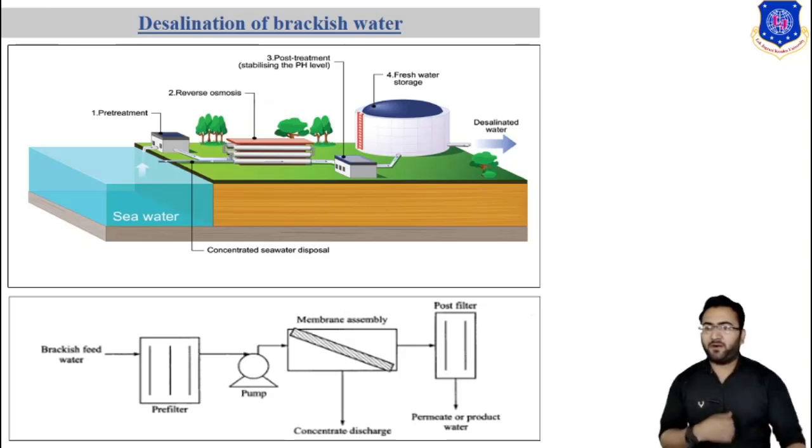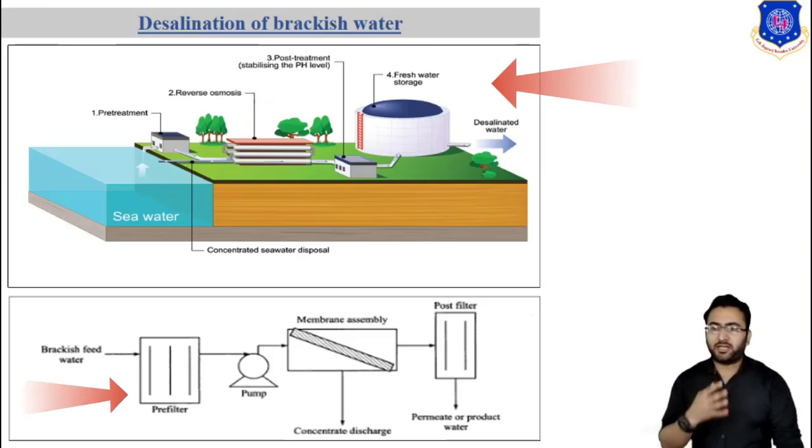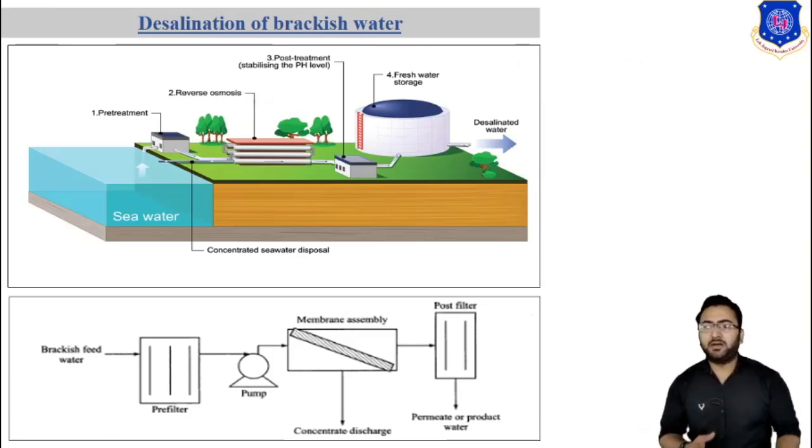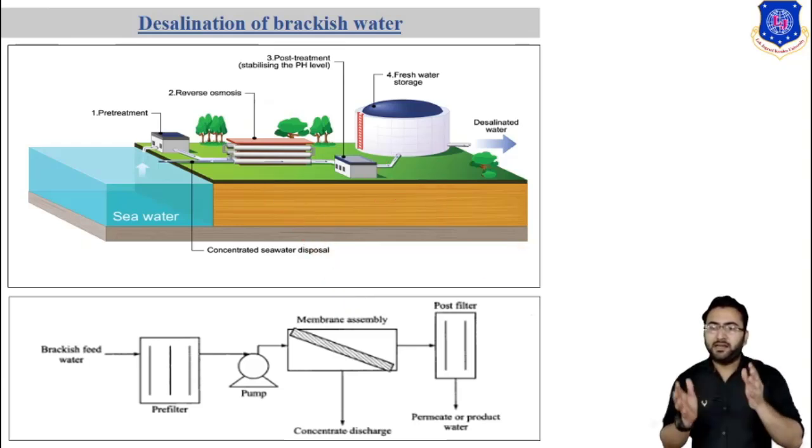A schematic diagram for desalination of processed water by reverse osmosis is shown in this figure. The typical reverse osmosis system consists of pre-treatment, membrane assembly and post-treatment. Pre-treatment is important because of the need to maintain a high quality, clean membrane surface.